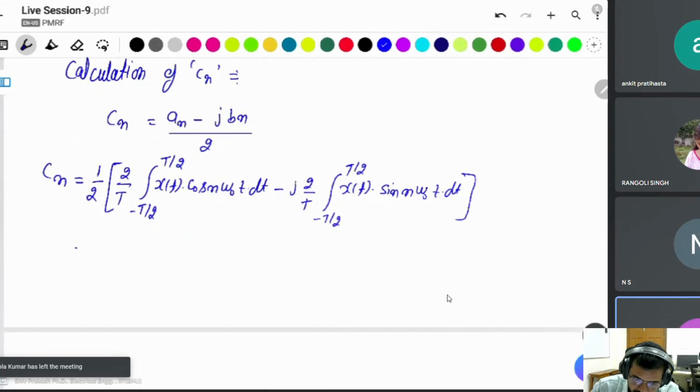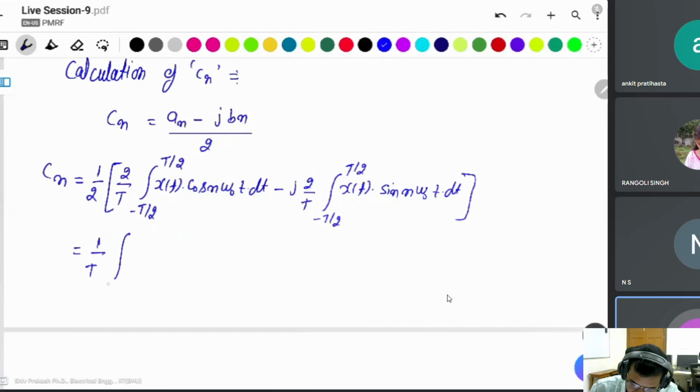Okay. Then if you take 2 by T common, only 1 by T remains here. Then integration of minus T by 2 to T by 2. If you take x(t) common in both, then only cos of n omega naught t minus j sine n omega naught t is there, into dt.